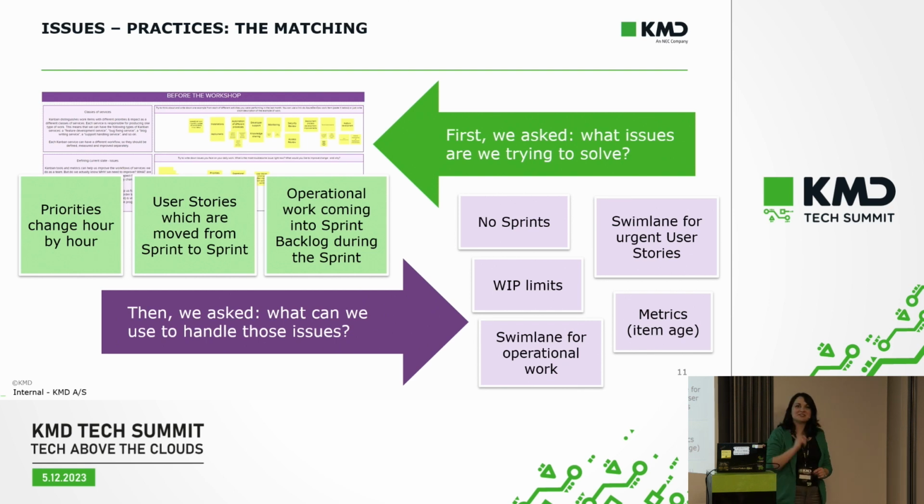Because it's much easier when the team says, hey, we want to have WIP limits, we want different swim lanes for different services, we want to measure how long the tickets are staying in a system. And if they want to do it, and I'm only teaching them how to approach it more easily, then I don't have to keep track of it, because they are keeping an eye on it. They want to do it. They are engaged.